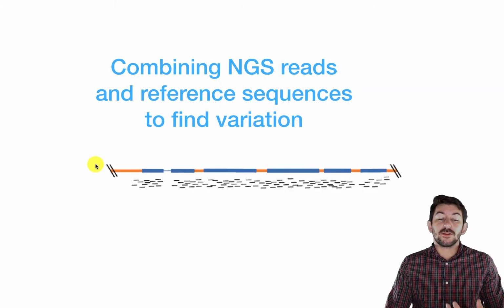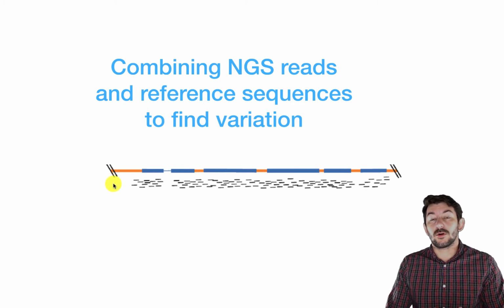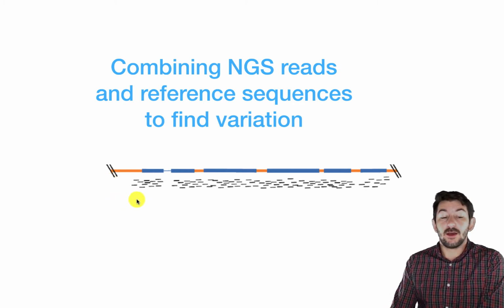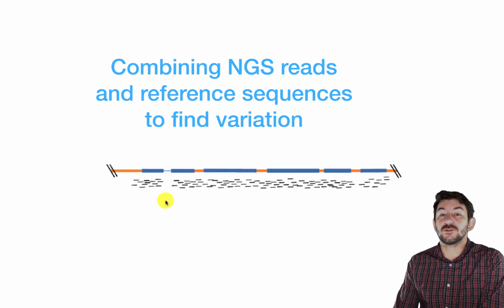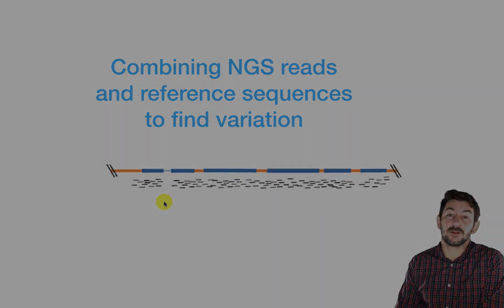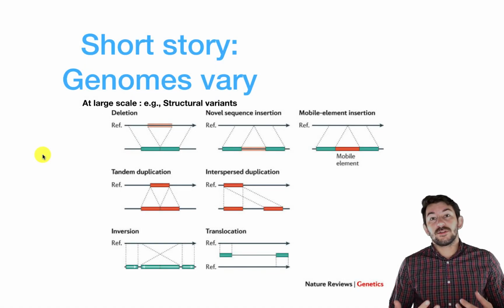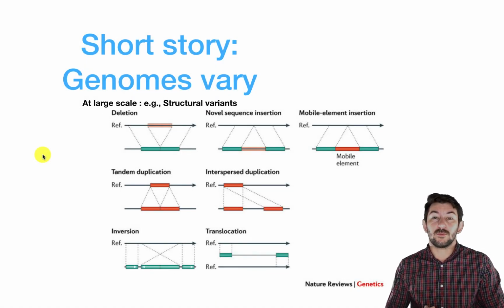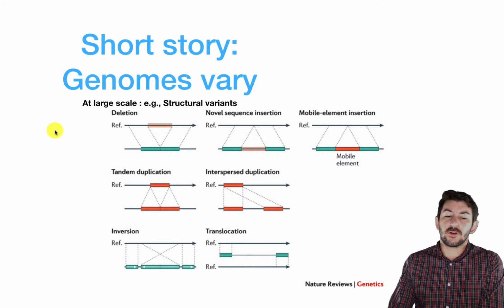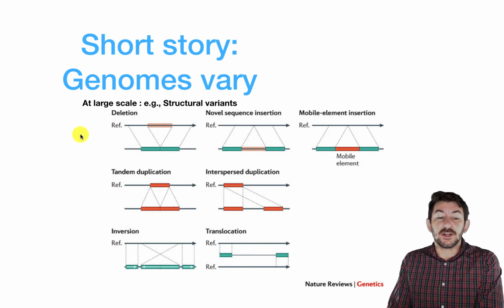And so really the goal of sequence alignment or read mapping is to find a home for all of these little short fragments that you sequenced onto a reference genome or something similar. Now, this can be complicated by a number of things. Repeats are one thing, and we'll talk about those. But there's all sorts of different variation in genomes.